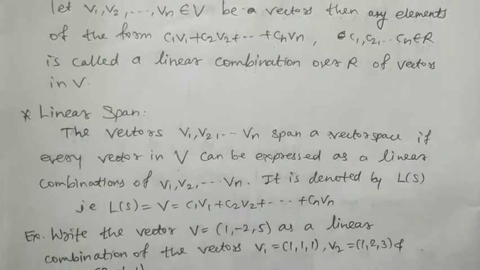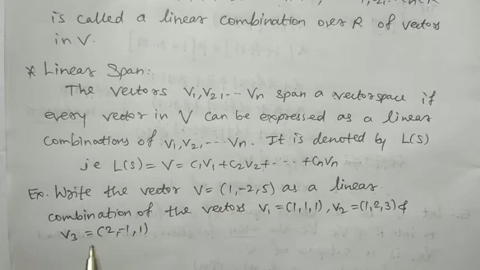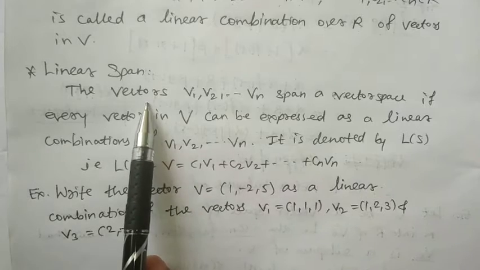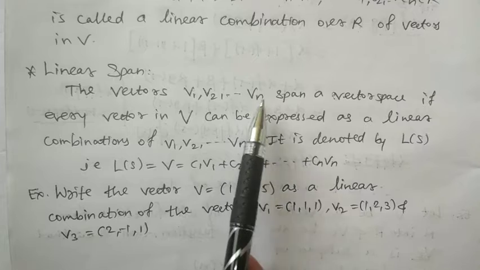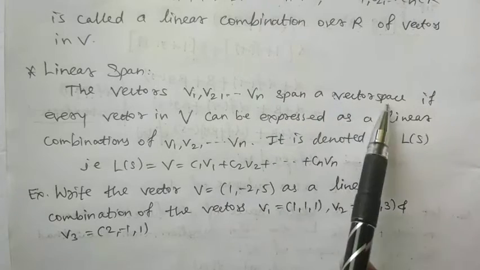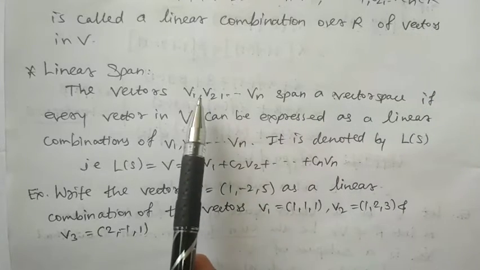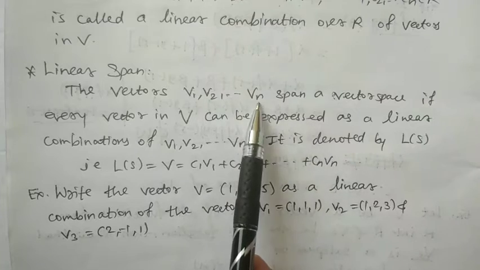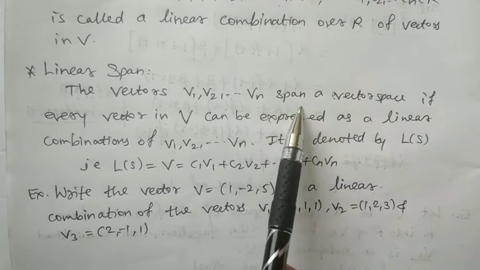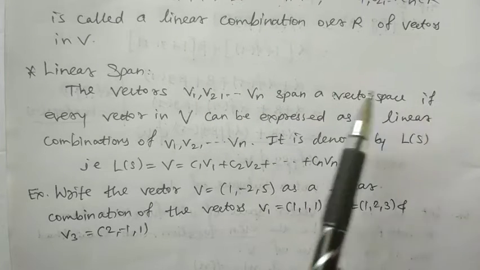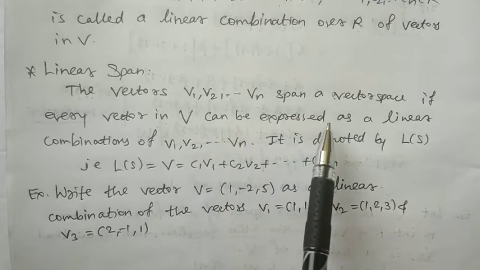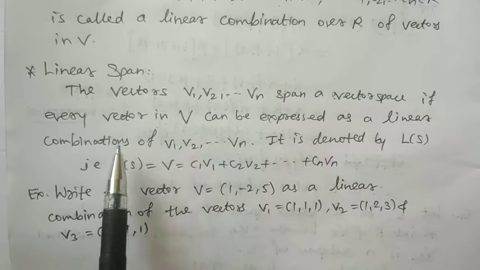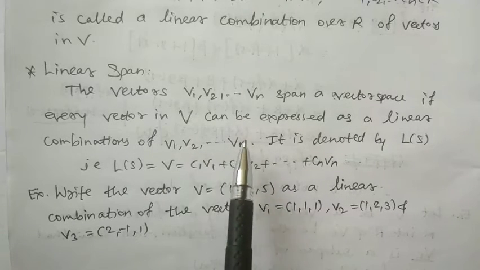Now next, what is linear span? We can say that the vectors v1, v2, dot, vn, these n vectors, span a vector space if every vector in V, or every element from V, can be expressed as a linear combination of v1, v2, dot, vn.